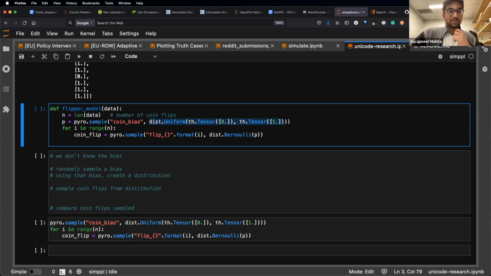I'm thinking of how to abstract away a semester's worth of math so that you don't have to study variational inference, but you can start to understand how there is this search going on over the space of coin bias.